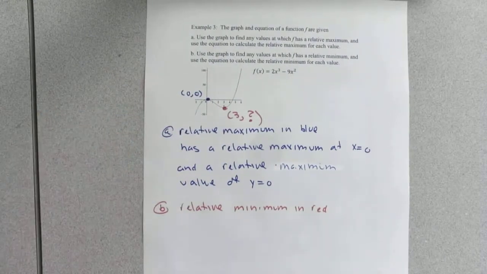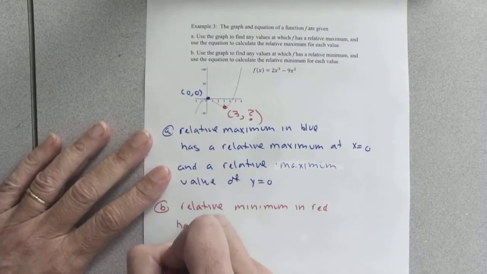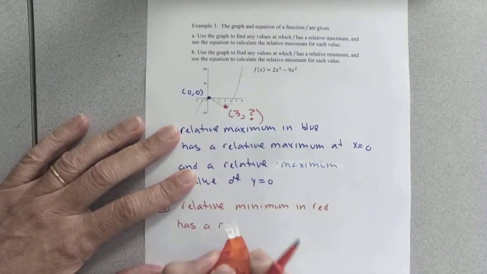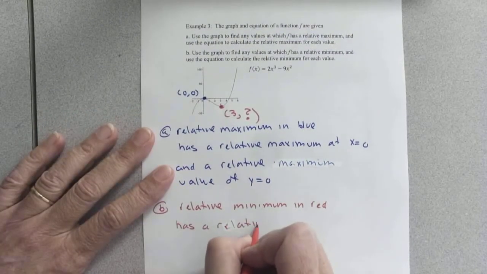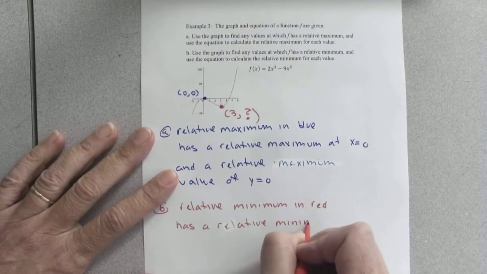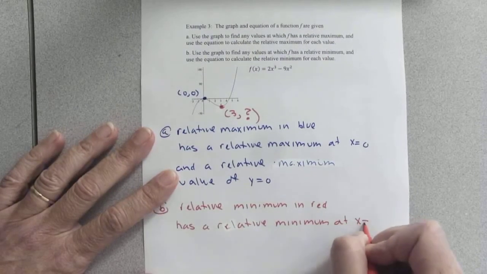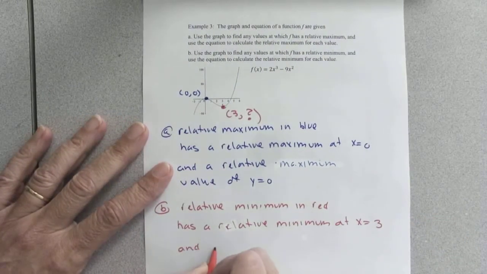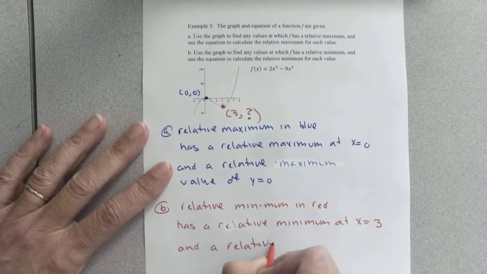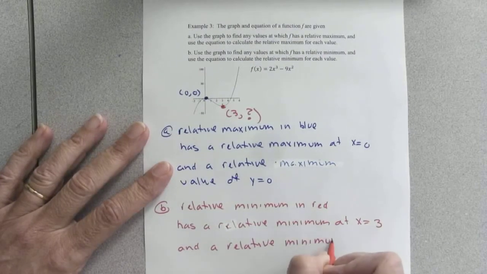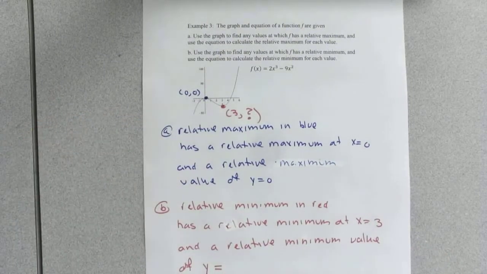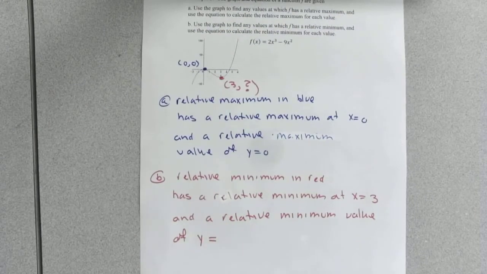But we can say with a whole lot of confidence that it has a relative minimum at x equals 3 and a relative minimum value of y equals, and now we got a problem because from the graph it wasn't clear.